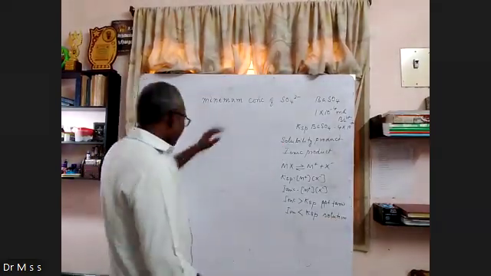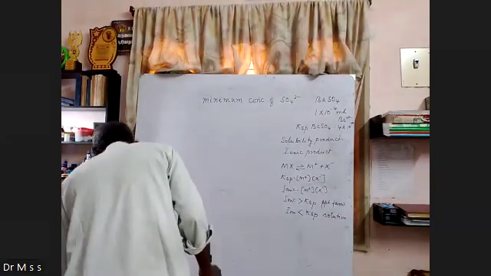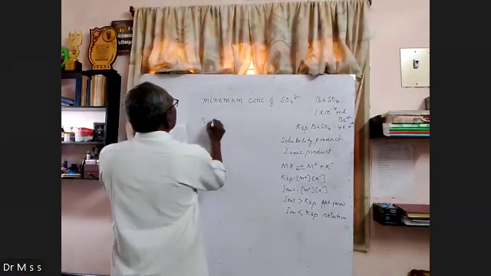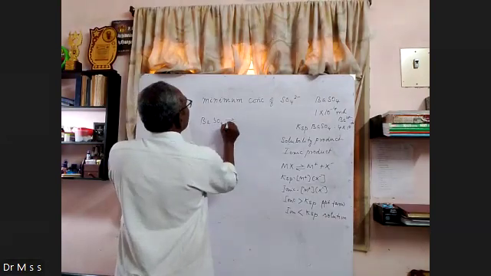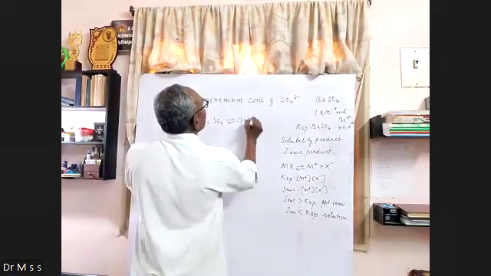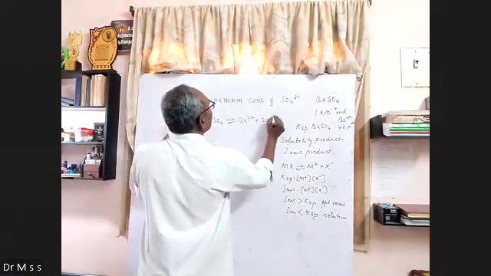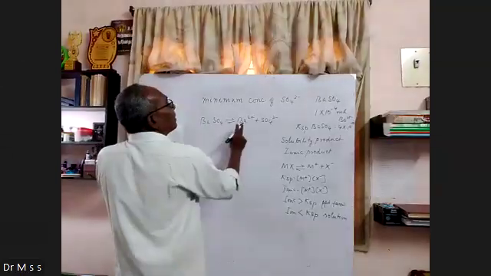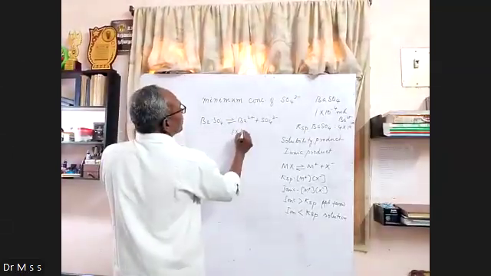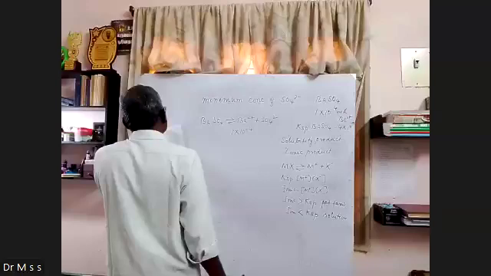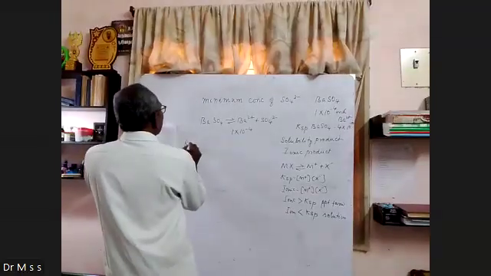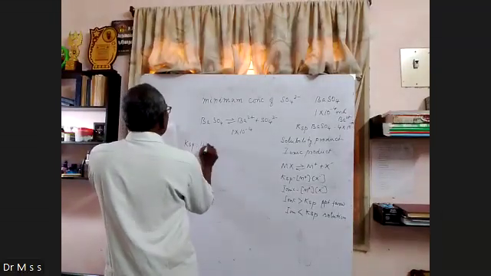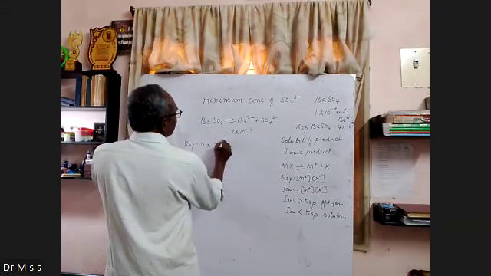So, in this problem, barium sulphate is becoming barium 2+ and SO4 2-. Barium 2+ is 1 × 10⁻⁴. KSP value is 4 × 10⁻¹⁰.